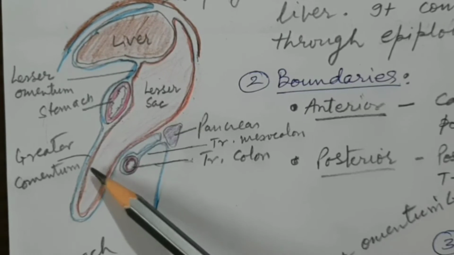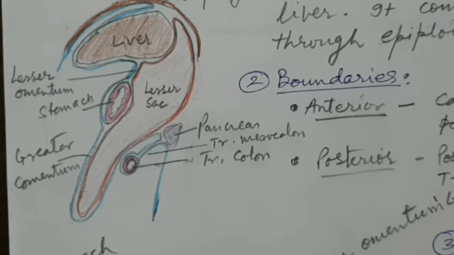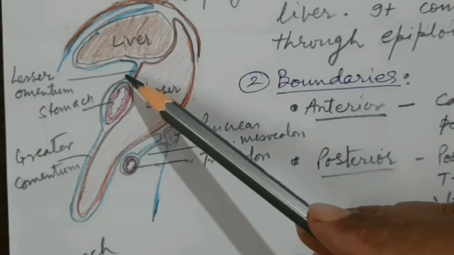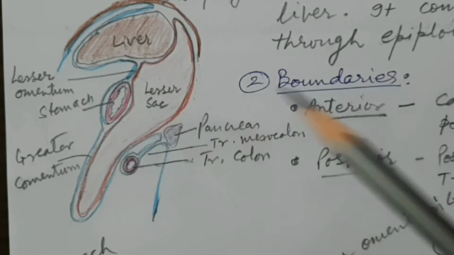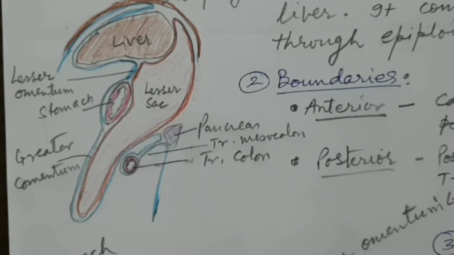Then there is a third recess called the splenic recess, that lies between the gastrosplenic and the lienorenal ligament. But you will be able to understand this if you see the horizontal disposition of the peritoneum at the level of the lesser omentum.